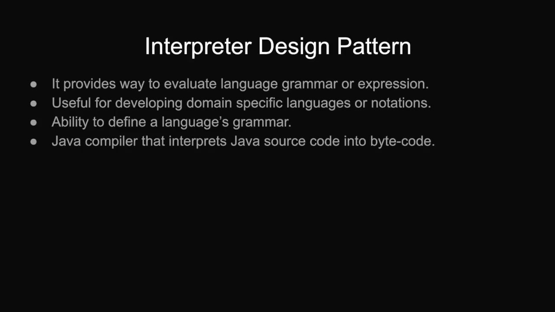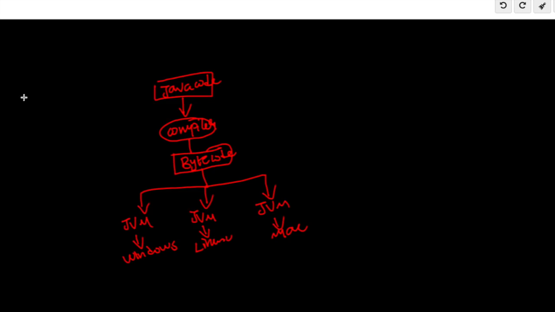And then the Java compiler that interprets Java source code into bytecode. So in our daily life we have been using an interpreter in Java itself, because Java code is interpreted into bytecode using the compiler. This compiler converts the Java source code to bytecode. Here the compiler is acting as an interpreter which converts the source code to bytecode, and after converting to bytecode, that could be consumed by any number of JVMs, Java virtual machines.